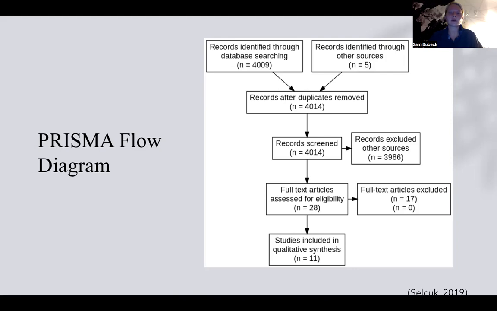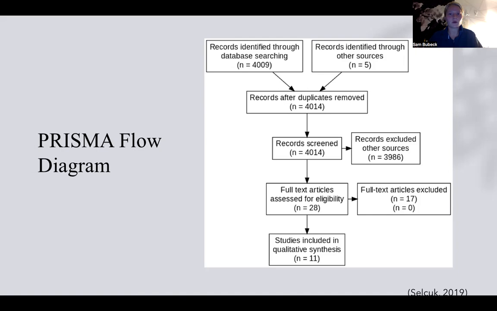Records screened. I excluded other sources and found full text articles, in which only 28 existed that I was able to access. And I excluded 17 of those articles for one reason or another.